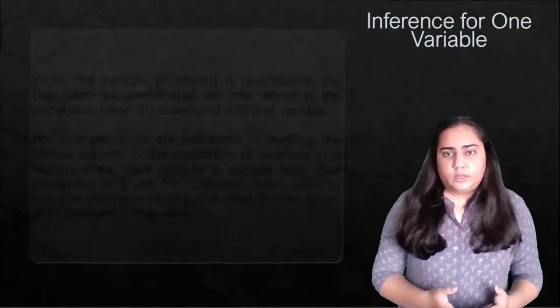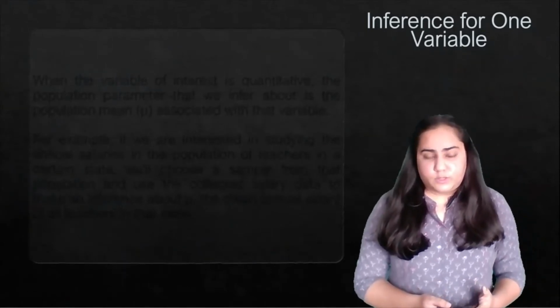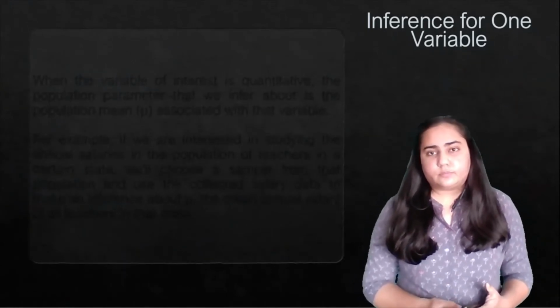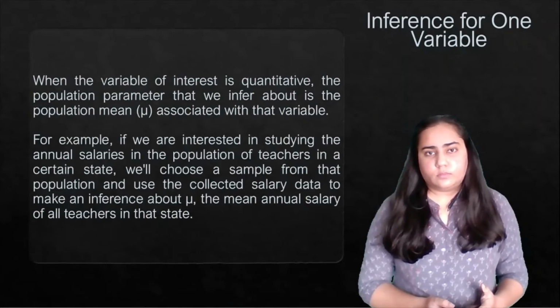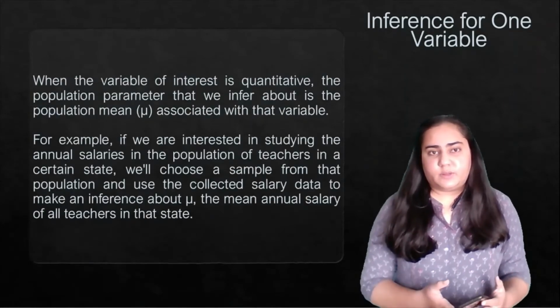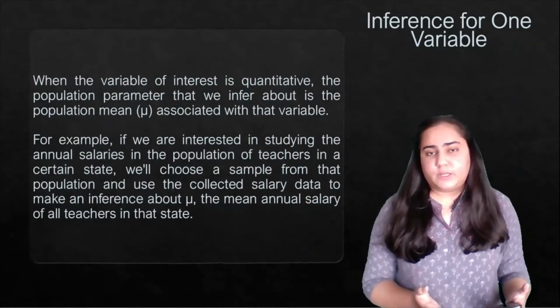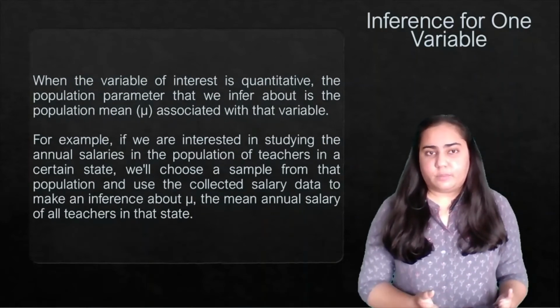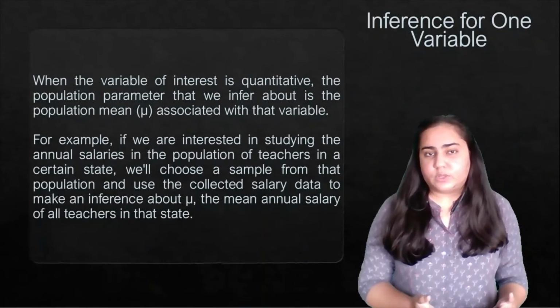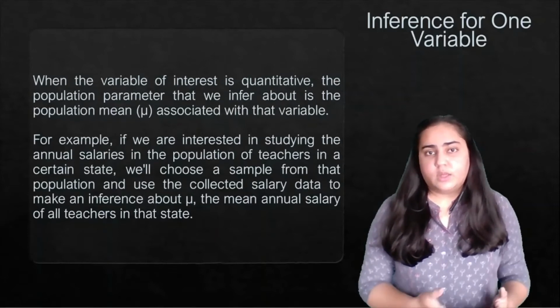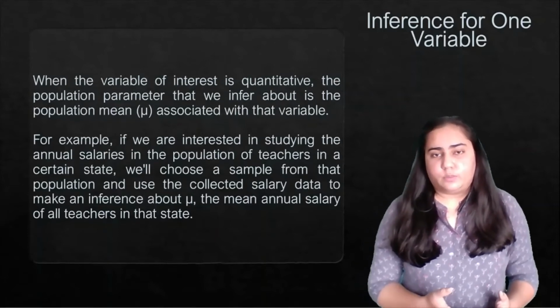So what about quantitative variables? If the variable is quantitative, then the population parameter that we infer about is the population mean, denoted by mu, that is associated with that variable.